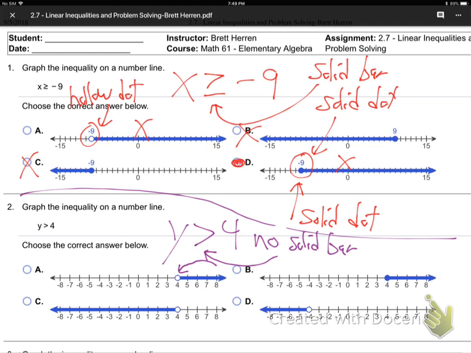And it's to the right because greater means to the right. If I said I'm thinking of greater numbers than 4, that's like 5, 6, 7, 8. Greater than 4. Is that making sense? Everybody see why it's not B? Because that has the solid dot. You good? Questions on that?